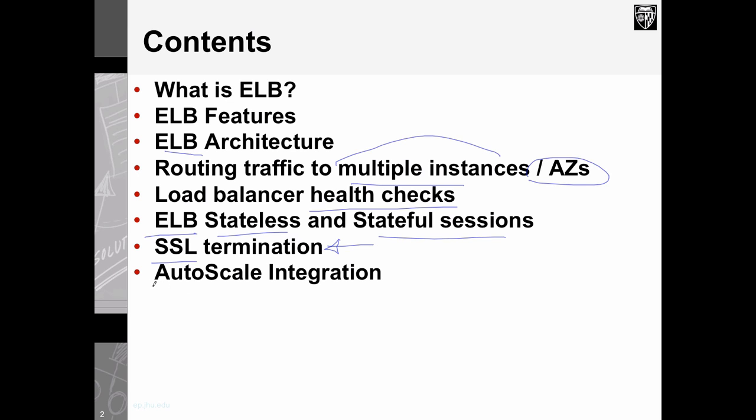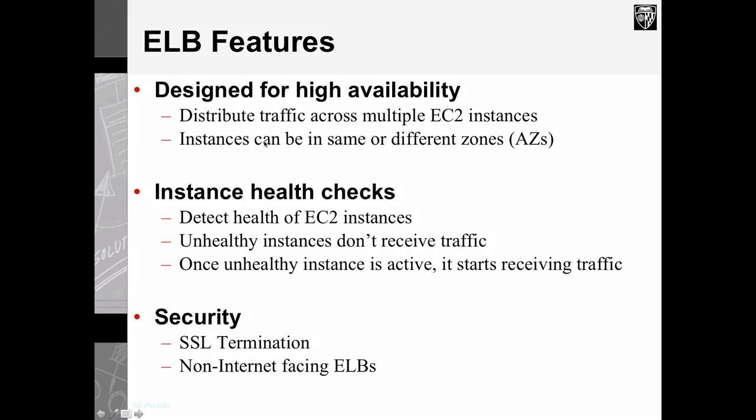And finally, we'll talk about autoscale integration, how we can use ELB and autoscale together to create a state-of-the-art application that scales, and how autoscale and ELB work together when we are designing our applications in AWS.